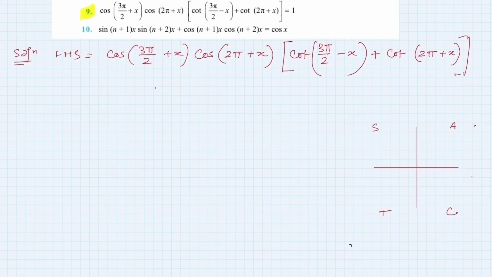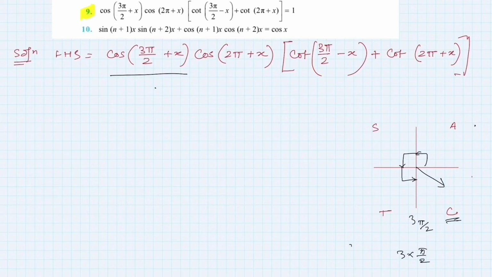Okay, so now this term is cos(3π/2 + x). So here 3π/2: this is 1π/2, then 2π/2, 3π/2, this is 3π/2. Okay, then plus x means it must be lying in the fourth quadrant where cos is positive, and 3π/2, 3 into π/2, means odd multiple of 90.